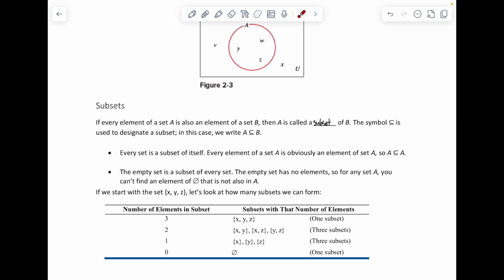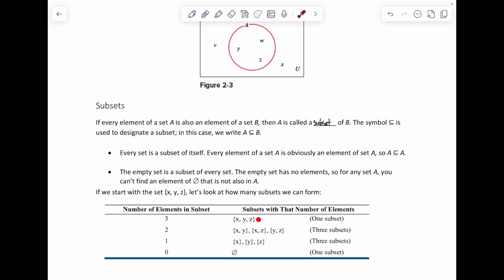Okay, let's look at an example of subsets here. If we start with the set containing the letters X, Y, and Z, let's look at how many subsets we can form. So let's break this down by subsets by number of elements, right? So let's look at the subsets of this set that contain 3 elements.